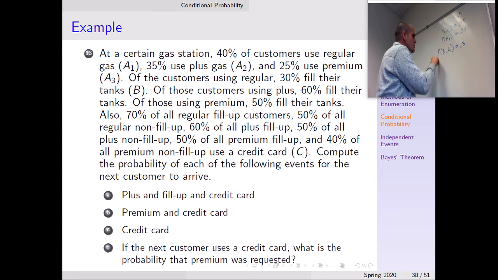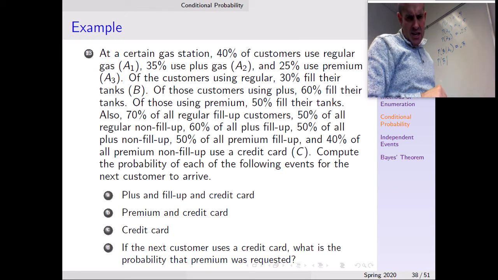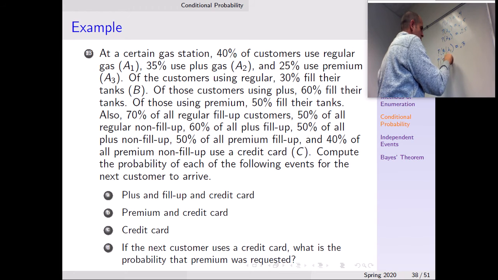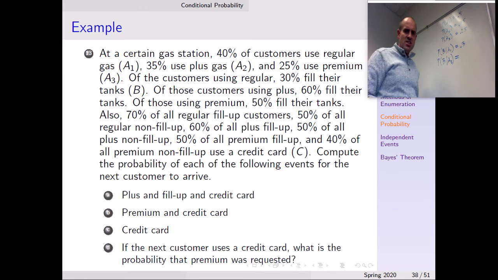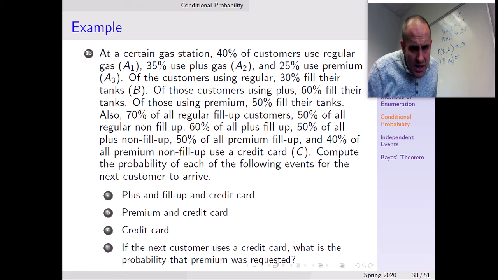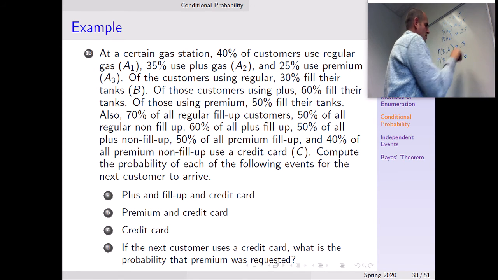The probability of filling the tank, given that they are a plus purchaser, is equal to 60%.